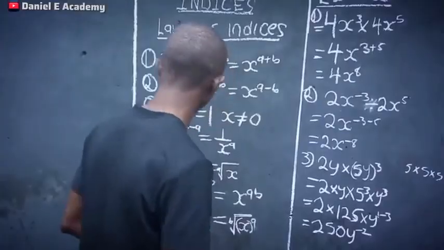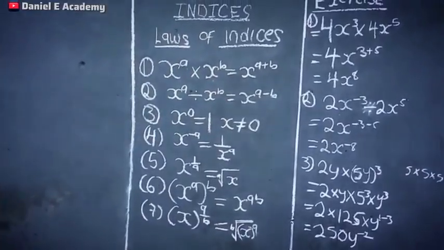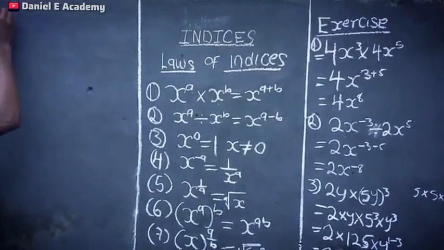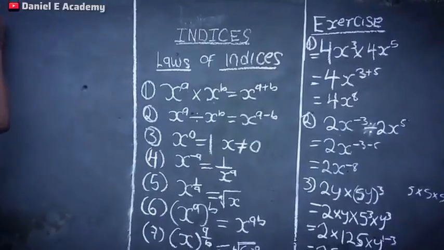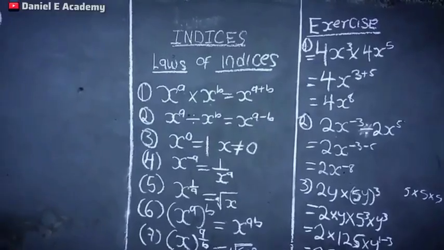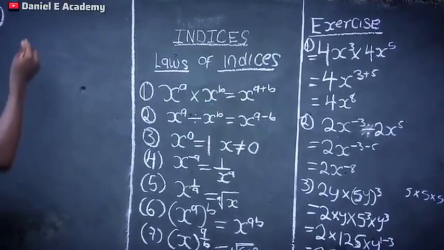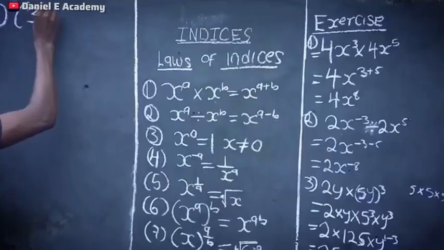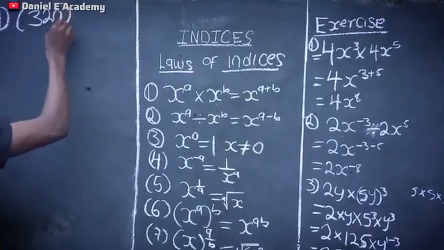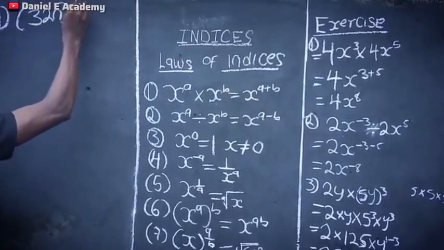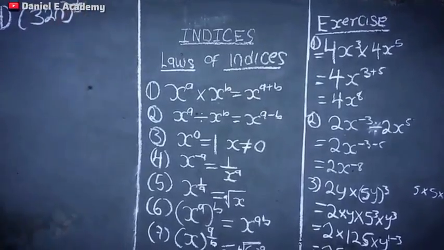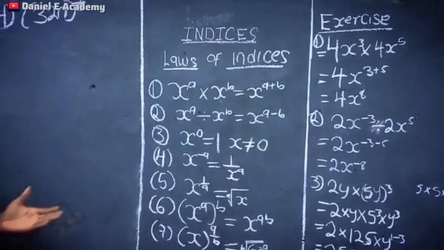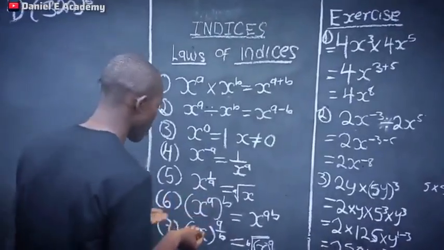Let's solve more examples. This next example will be 32n all to the power of 1 over 5. We still come back to the sixth law.